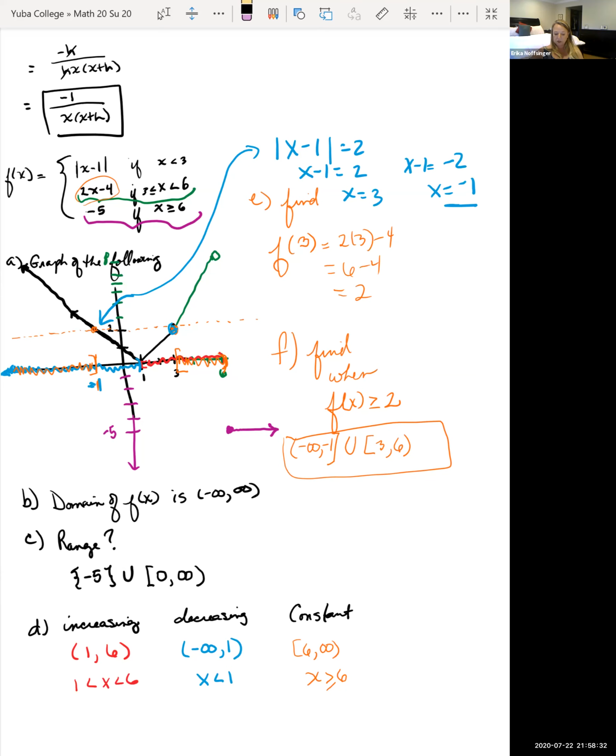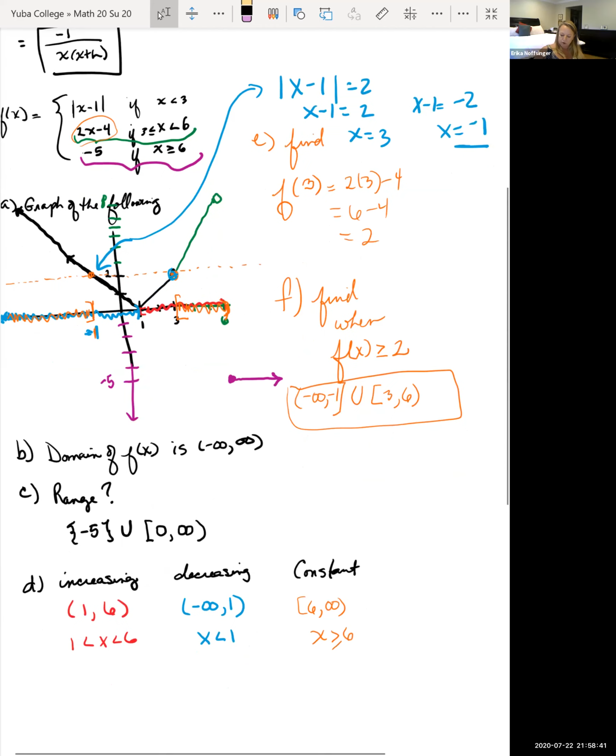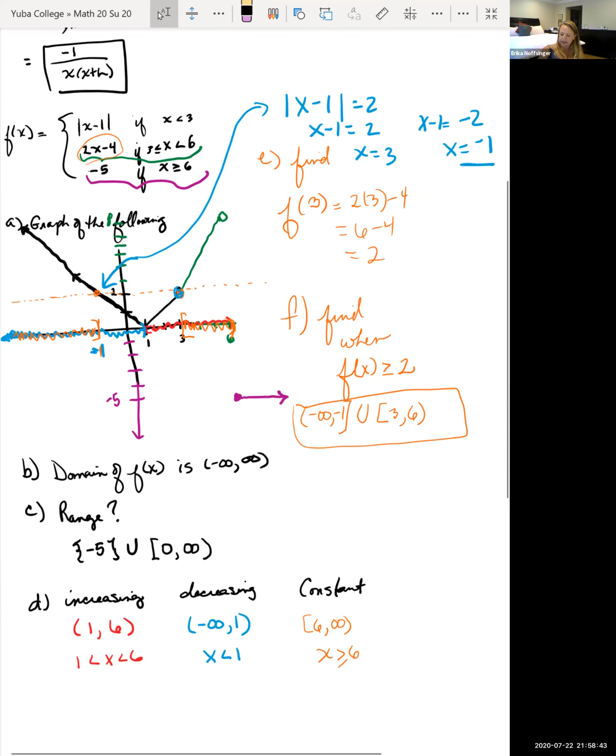You should be able to look at your graph and determine if there's any absolute max or absolute mins or local max, local mins. We have a local min. Notice in the local min, we talk about the y value. So we have a local min here at y value is 0. So we have a local min of 0.